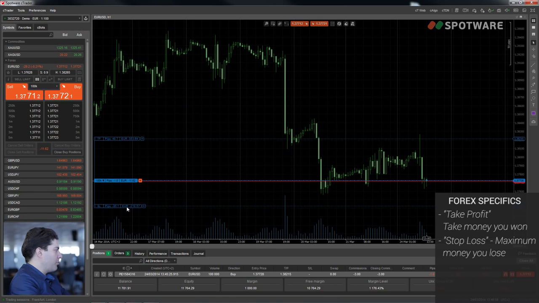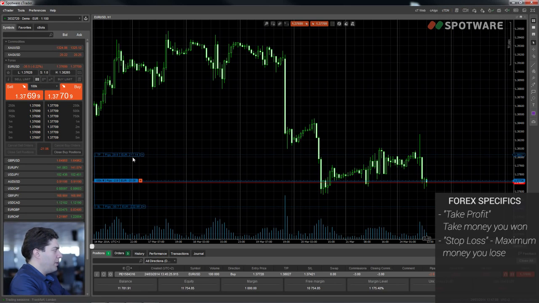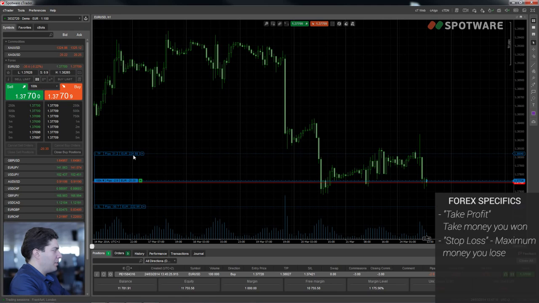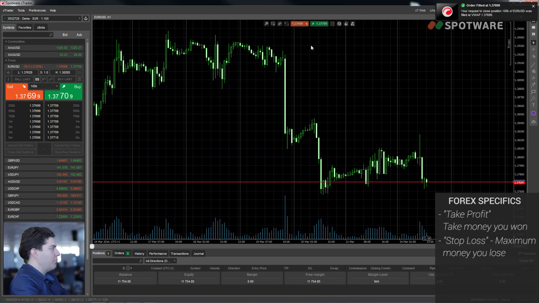So let's move our stop loss here and let's move our take profit here. We're using a volume of 100K and we see that we're going to lose 222 euro and we're going to win 224 euro. Now let's close this position and let's open the same position with 1 million volume.